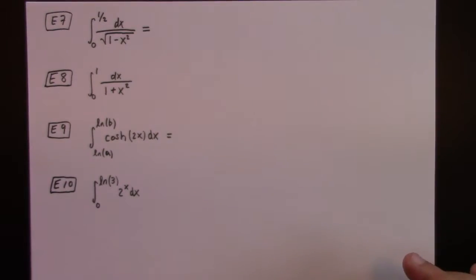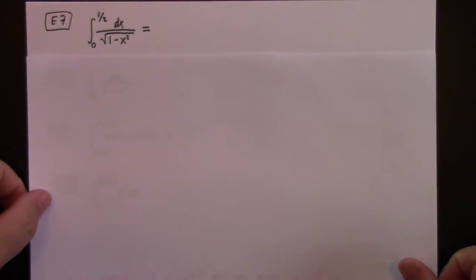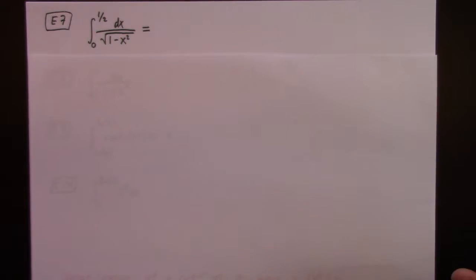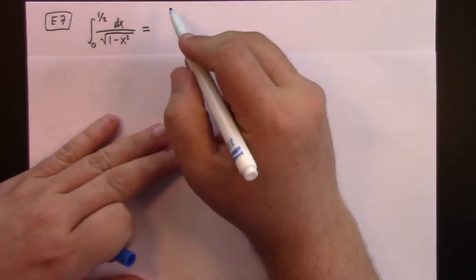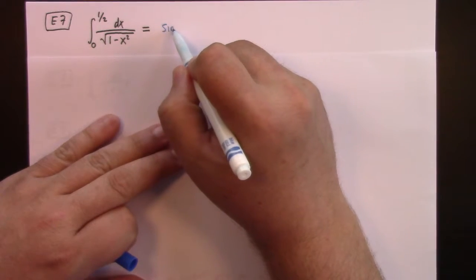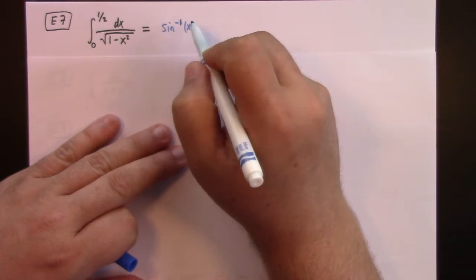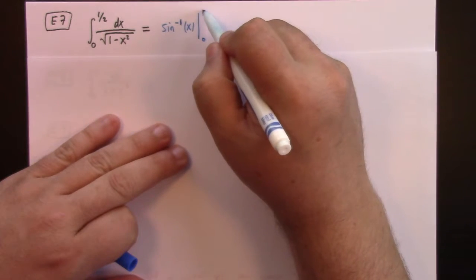Anyway, okay, so next few examples planned out for us here. Let's start with this one. The integral from 0 to 1/2 of 1 over the square root of that. So the antiderivative of that is the inverse sine of x. Fundamental Theorem of Calculus Part 2 says I have to evaluate from 0 to 1/2.